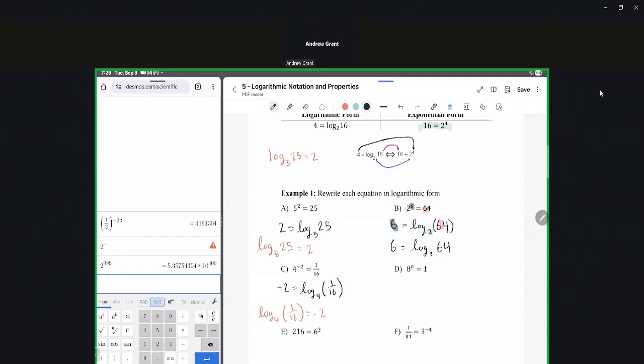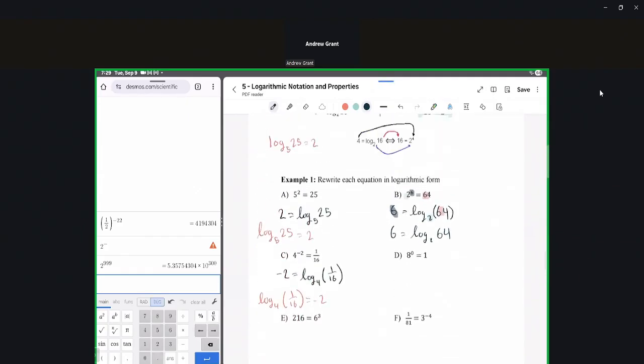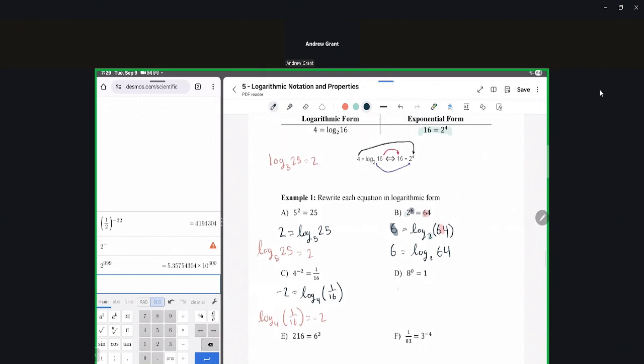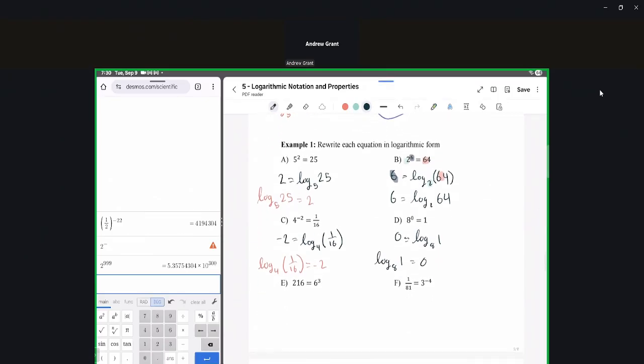What about 8 to the power of 0 is equal to 1? Again, we're just going to have a look at our notation. This will be 0 is equal to log base 8 of 1. Or if you prefer, log base 8 of 1 is equal to 0. Letter E, we have 216 equals 6 to the power of 3.